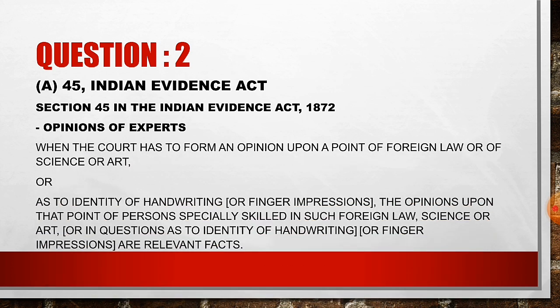Here, when the court has to form an opinion upon a point of foreign law, or of science or art, or as to identity of handwriting or finger impressions, the opinions upon that point of persons specially skilled in such foreign law, science or art, or in questions as to identity of handwriting or finger impressions, are relevant facts. So it is somewhat clear that they are about the experts' advice.